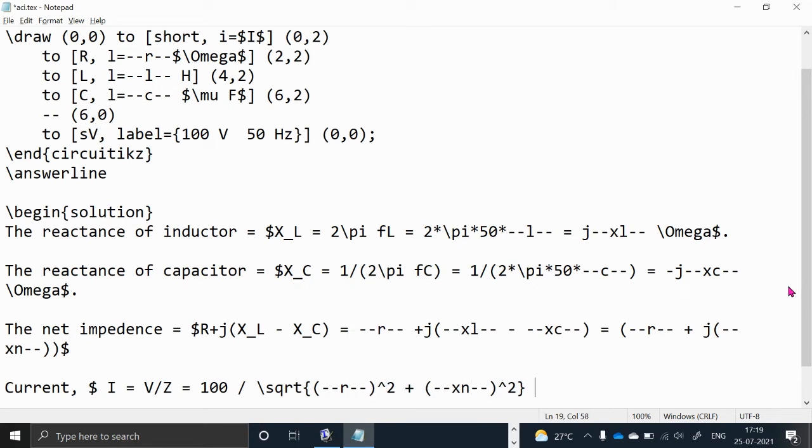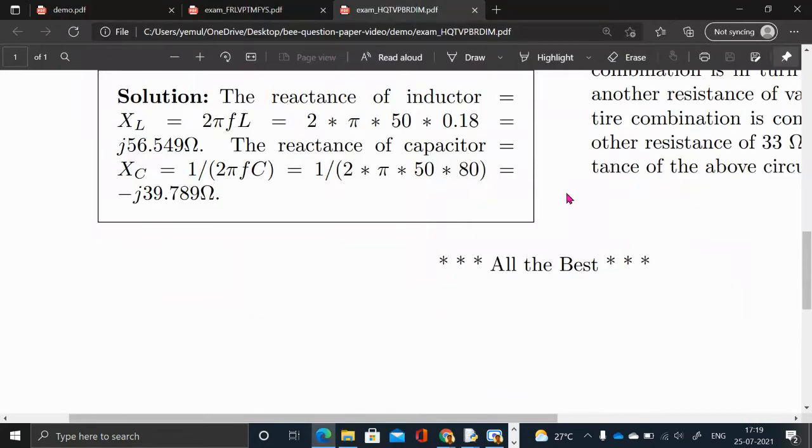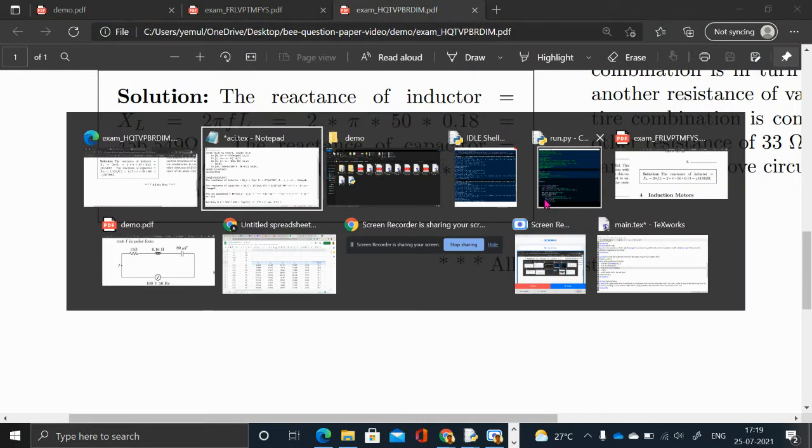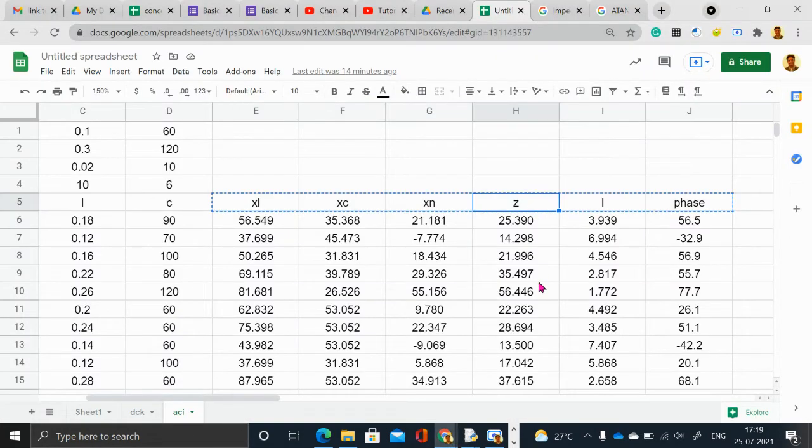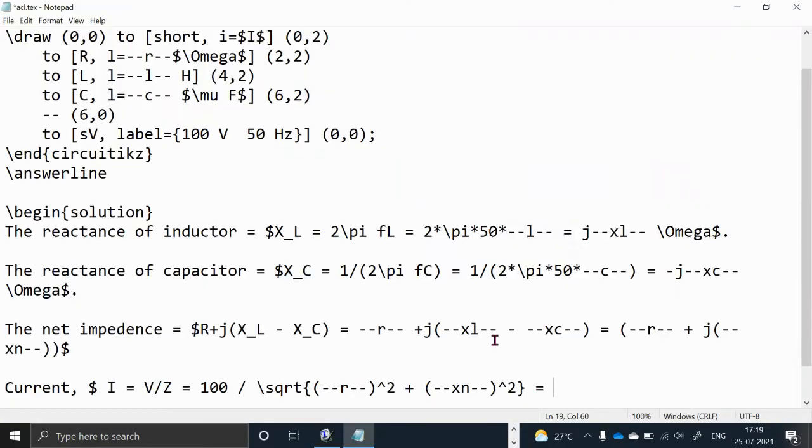We have one more parameter for Z, right? Just a small z, and then I. 100 divided by Z equals I amperes.